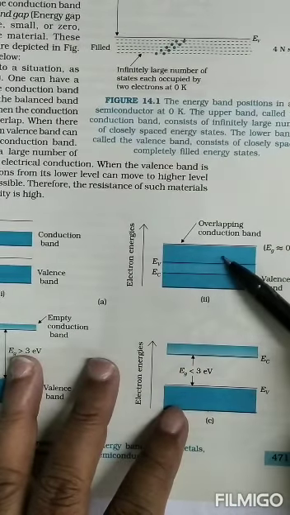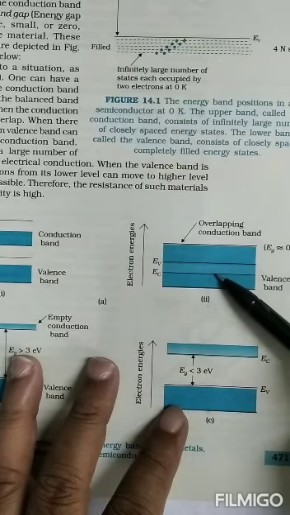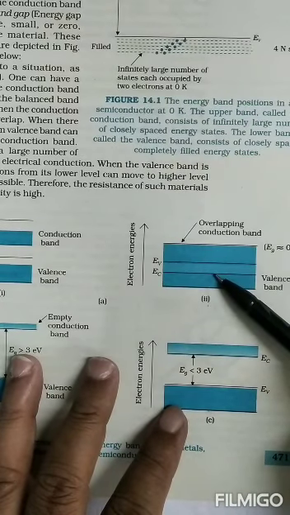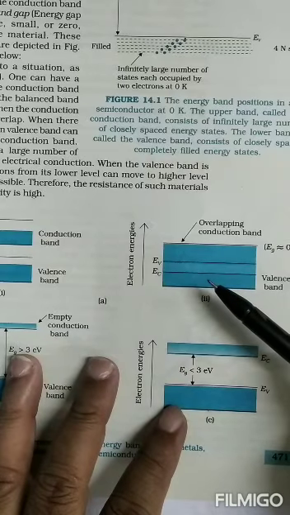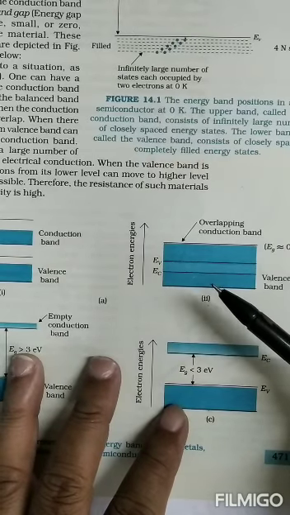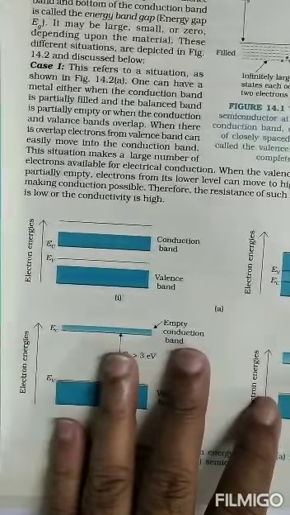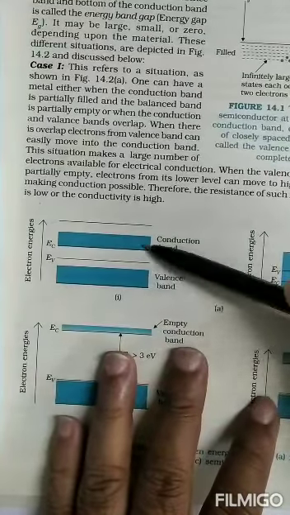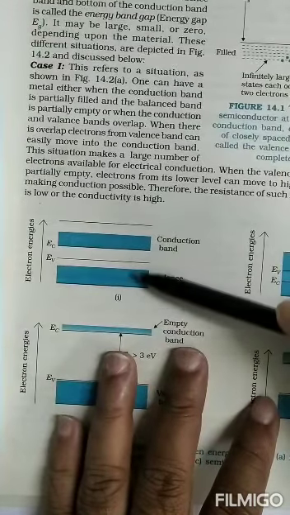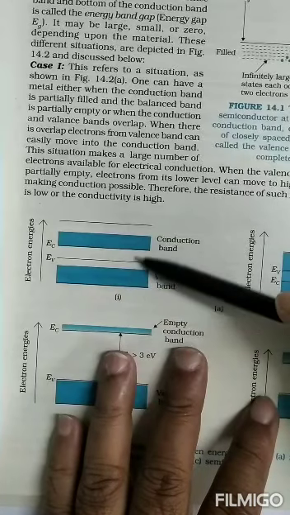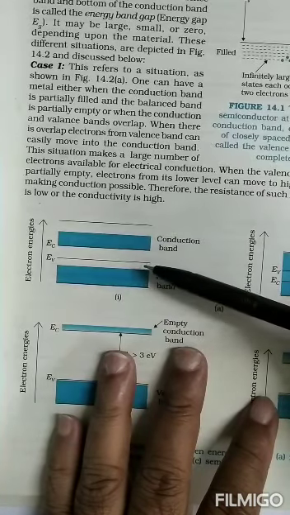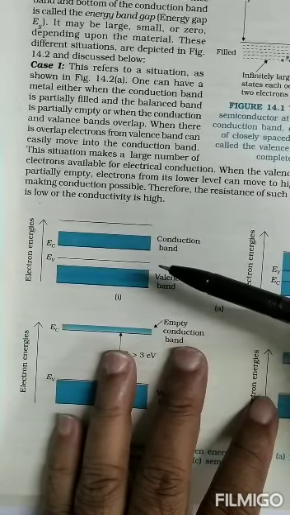So since the valence band and conduction band overlap each other, a large number of electrons are in the conduction band and current can easily pass through them because they have a large number of free electrons. In another type of conductors, the energy gap between the conduction band and valence band is very, very small.